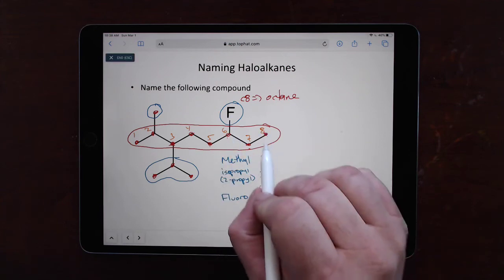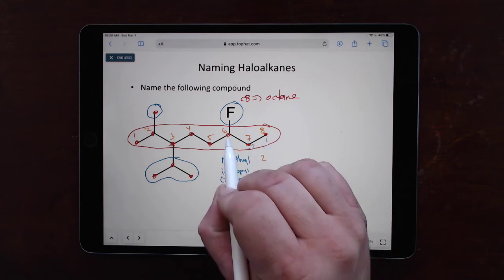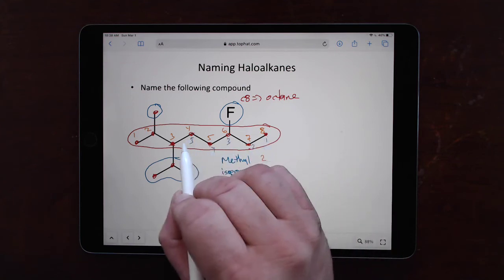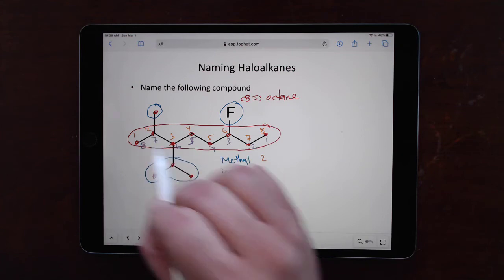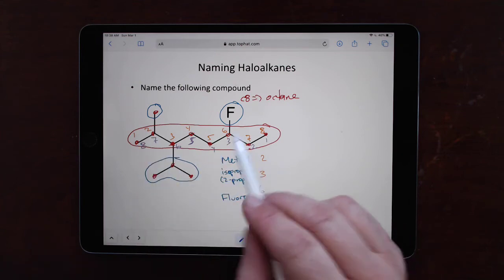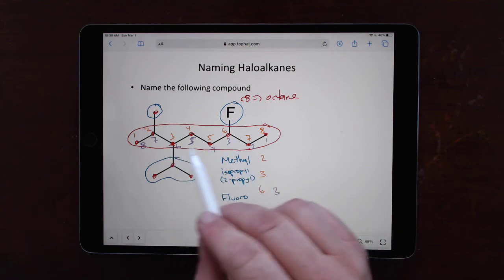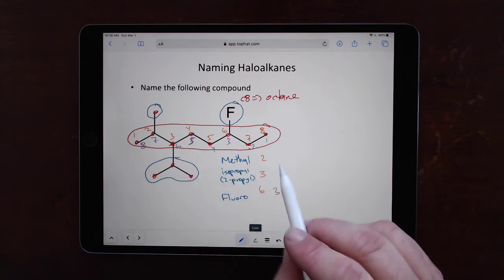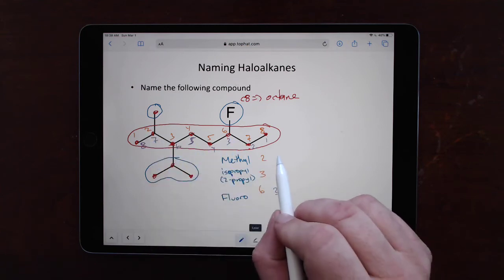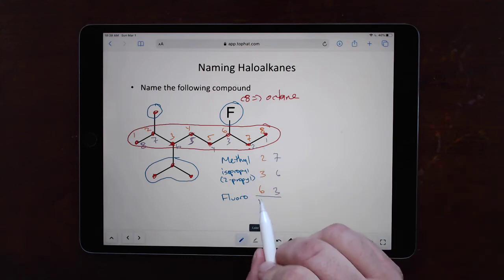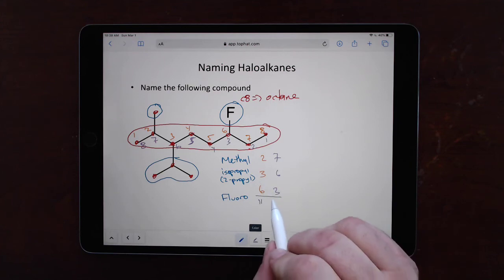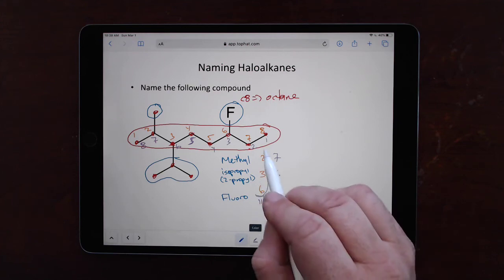If we go the other way, 1, 2, 3, 4, 5, 6, 7, 8, the fluoro's at 3, the isopropyl or 2-propyl group is at 6, and the methyl group's at 7. If you add them up, this is 11 and this is 16. So we're going to use these orange numbers here.